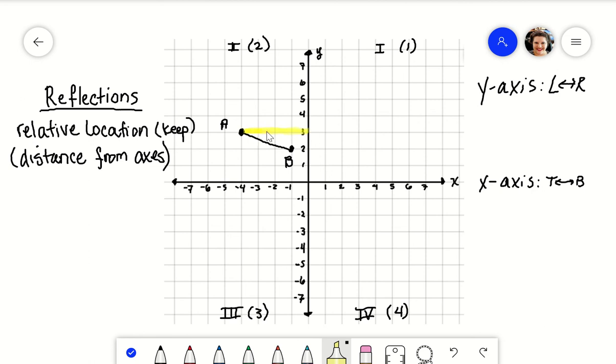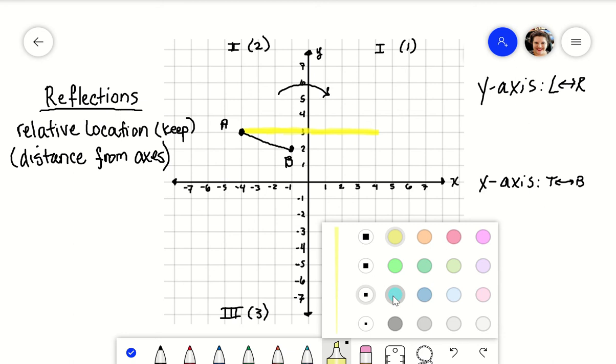It is 4 units from the y-axis. If I want to reflect this over the y-axis, I need to make it 4 units from the y-axis on this side: 1, 2, 3, 4. It has to be in the same relative location.